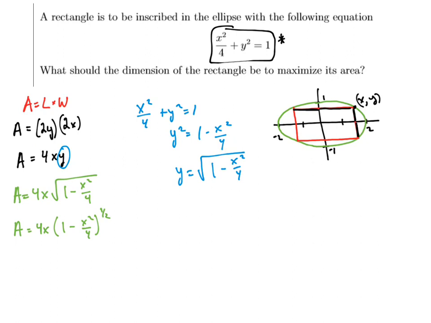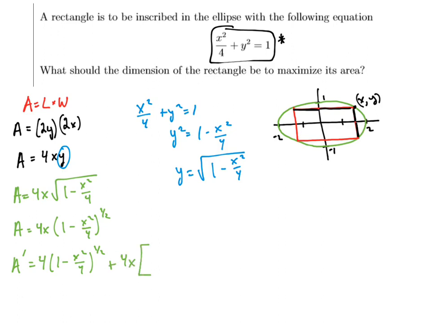Okay, and then to take the derivative of this, I need to use the product rule because I have 4x times 1 minus x squared over 4 raised to the 1/2. So the product rule, I have the derivative of the first function times the second plus the first function times the derivative of the second.